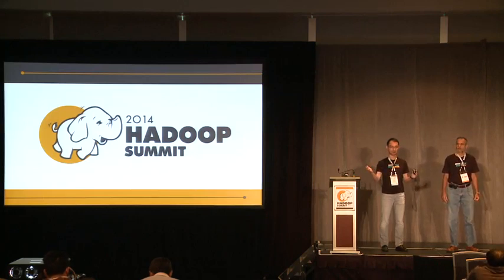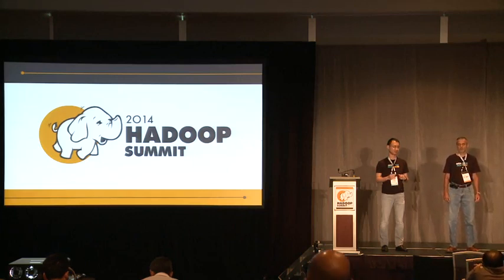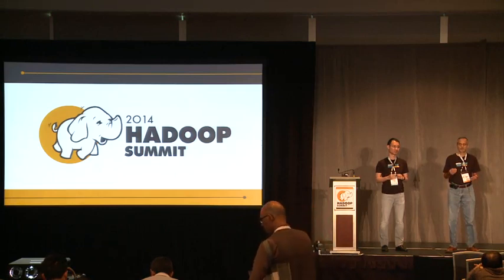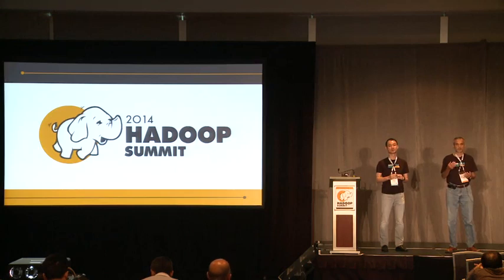Other questions? Where can we see graphs or data about the results of your tests? The question is, where can we see the results of our tests? Yes, we could have results of our tests, but the question is whether they are applicable to you. HBase performance can be very significantly different.